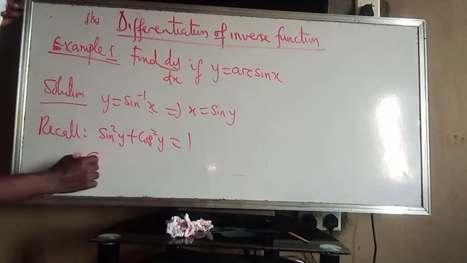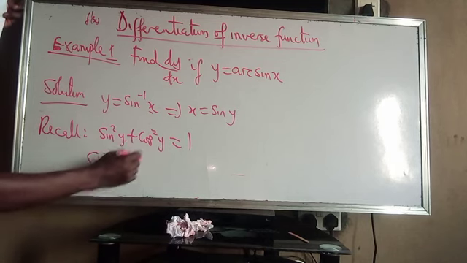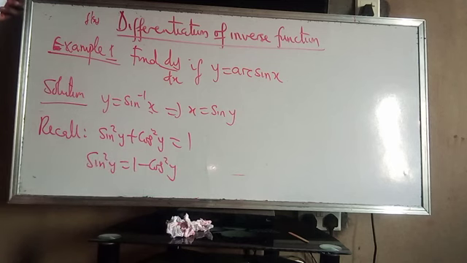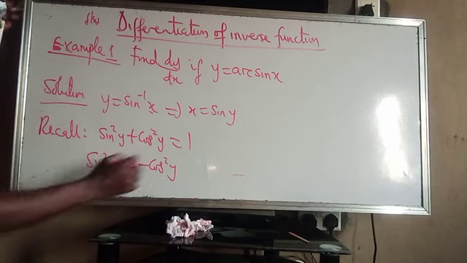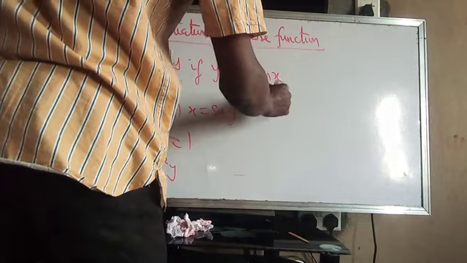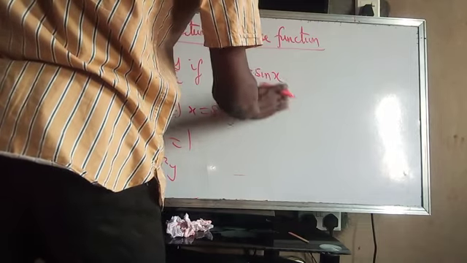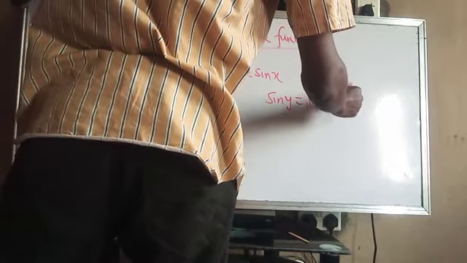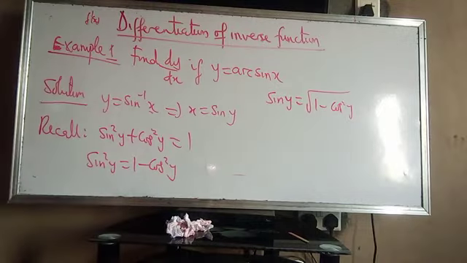So, sine square y will be 1 minus cos square y. Fine. So this will be sine y equals the square root of 1 minus cos square y. Are we following?